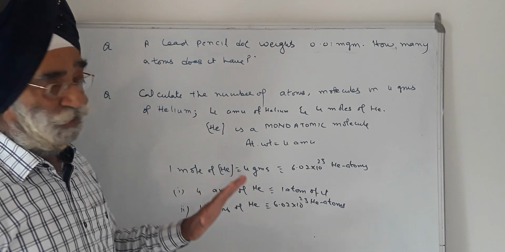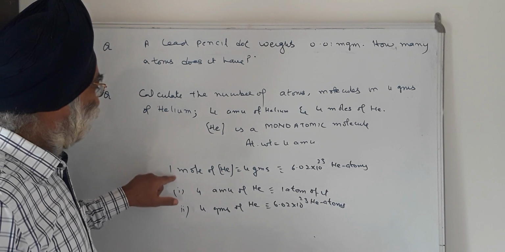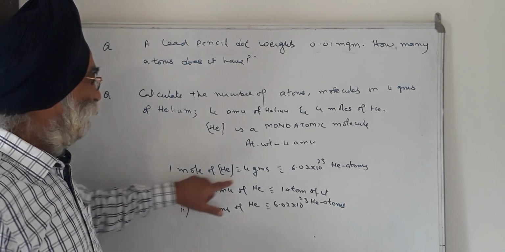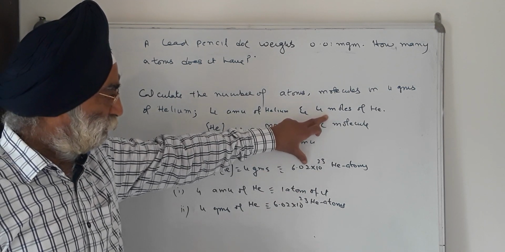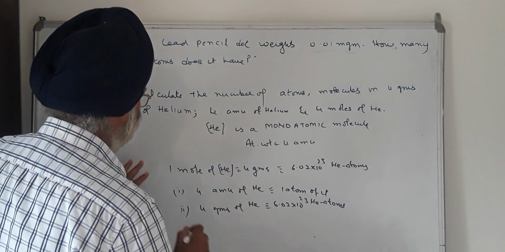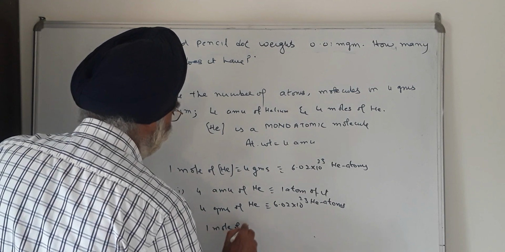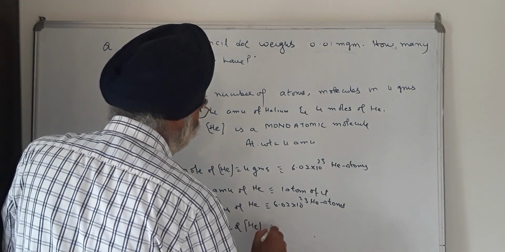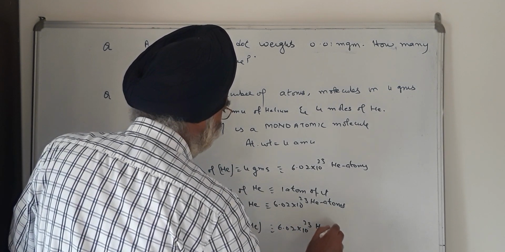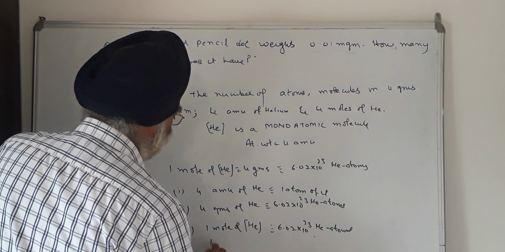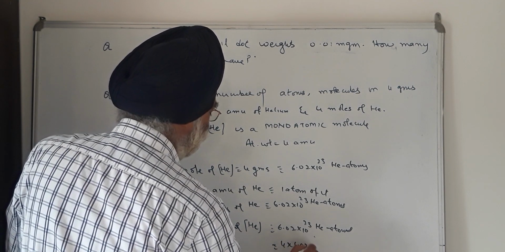Last part, the solution lies within this statement or relation. 1 mole of helium, Avogadro's number of atoms; 4 moles of helium, 4 into Avogadro's number of atoms. Third part, 1 mole of helium, it is 6.02 10 raised to the power 23 helium atoms, and 4 moles, 4 into Avogadro's number.